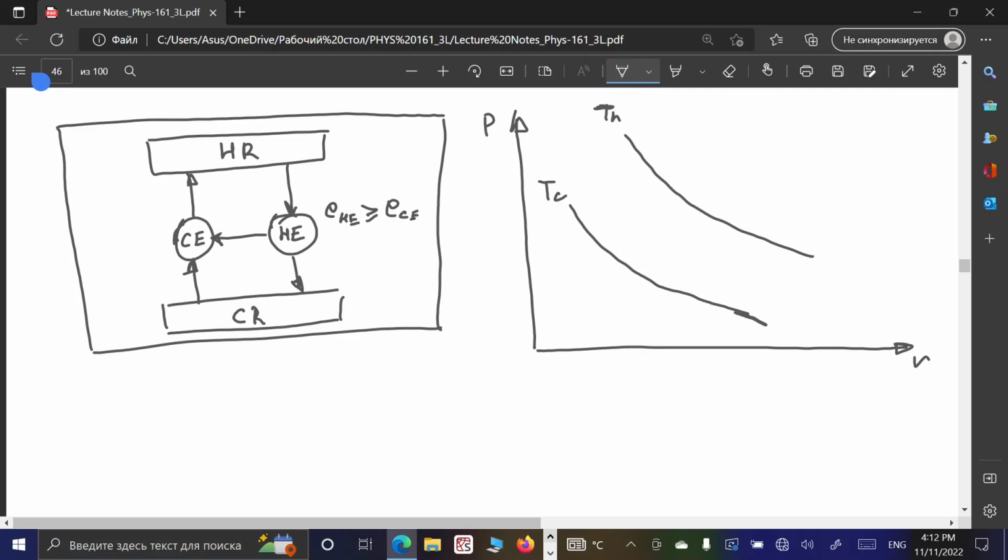Before we go into each step, let us also consider the system which we operate as a Carnot engine. In this case, we will deal with an ideal gas, and that will be a cylinder with a piston.